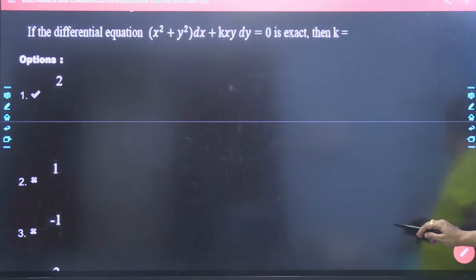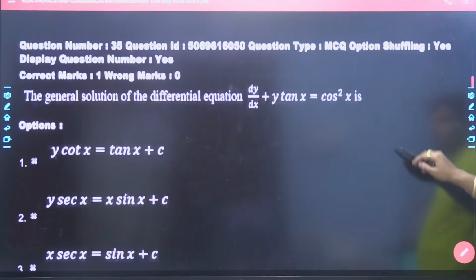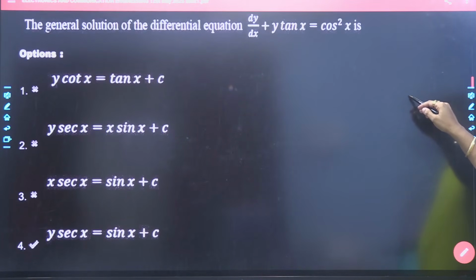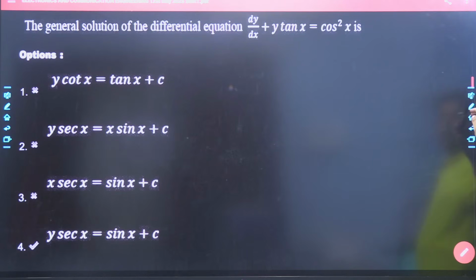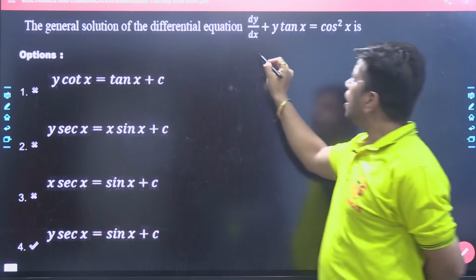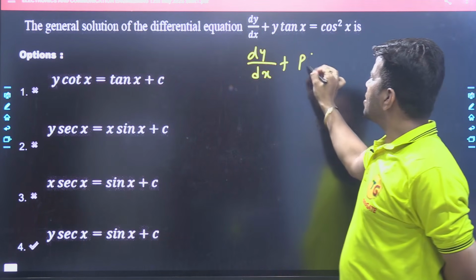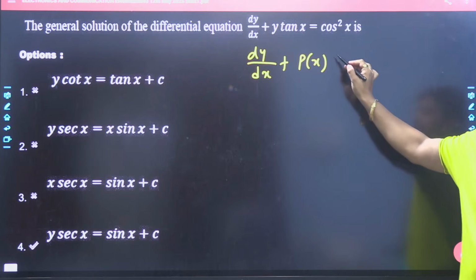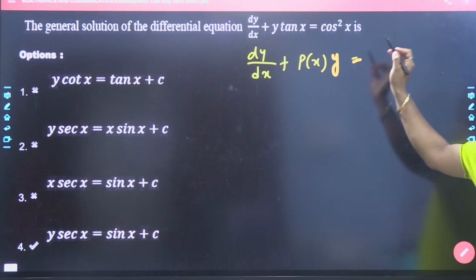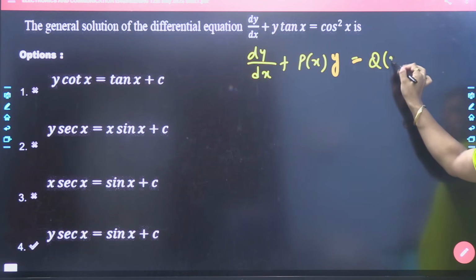Okay, let's move to the next question. We need to find the general solution for this particular differential equation. First of all, compare that with the generalized equation, dy by dx plus P(x) y equals Q(x).